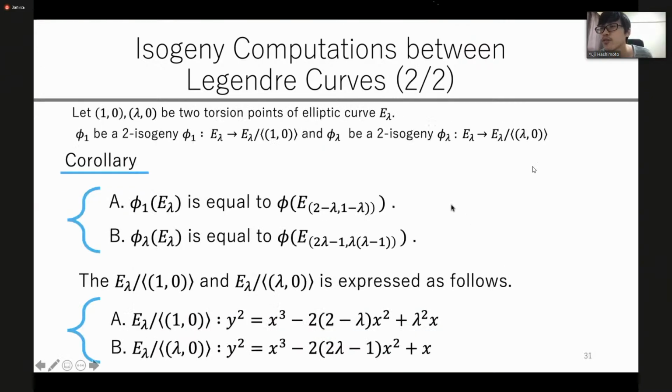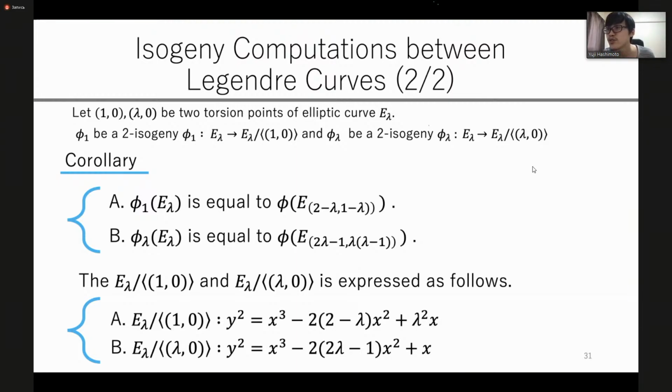Let (1,0) and (lambda,0) be two-torsion points of the elliptic curve E_lambda, and phi_1 be a two-isogeny mapping from E_lambda to E_lambda over (1,0), and phi_lambda be a two-isogeny mapping from E_lambda to E_lambda over (lambda,0).